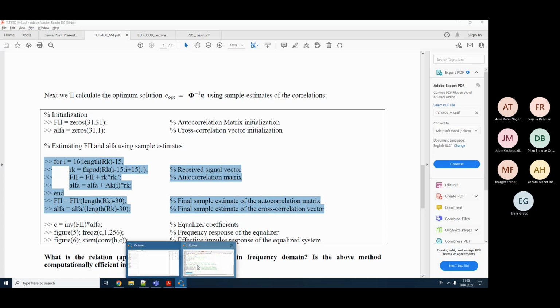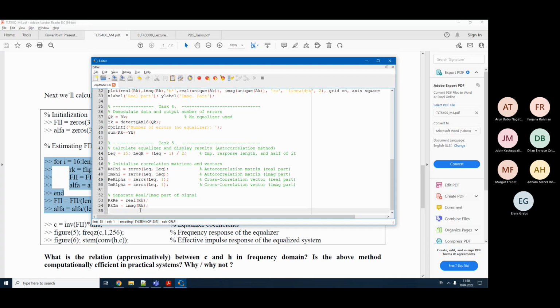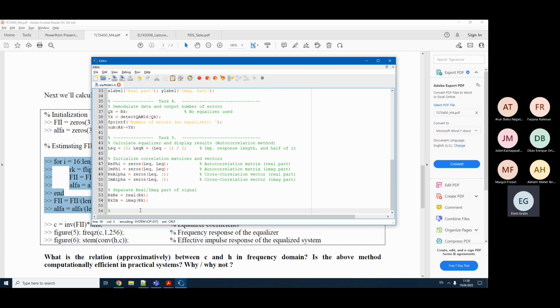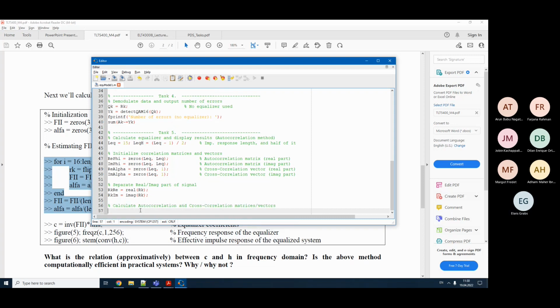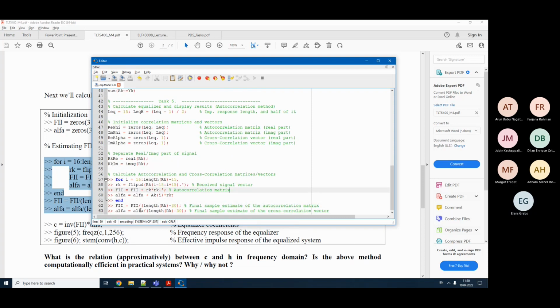Copy and calculate autocorrelation and cross correlation matrices and vectors. One thing is we need to delete all these.